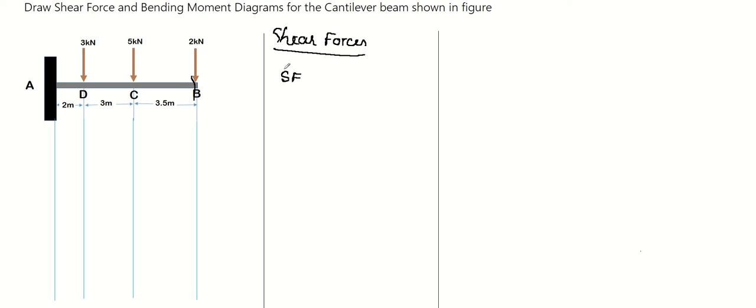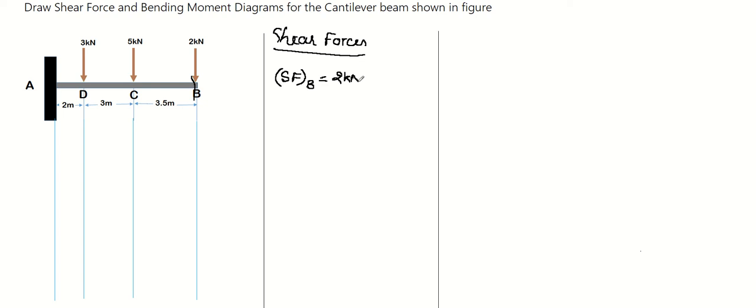Shear force at B. What is the load acting at the point B? I'm coming from right to left. Here 2 kilonewton is acting. By the sign convention, right upward is negative, right downward is positive.